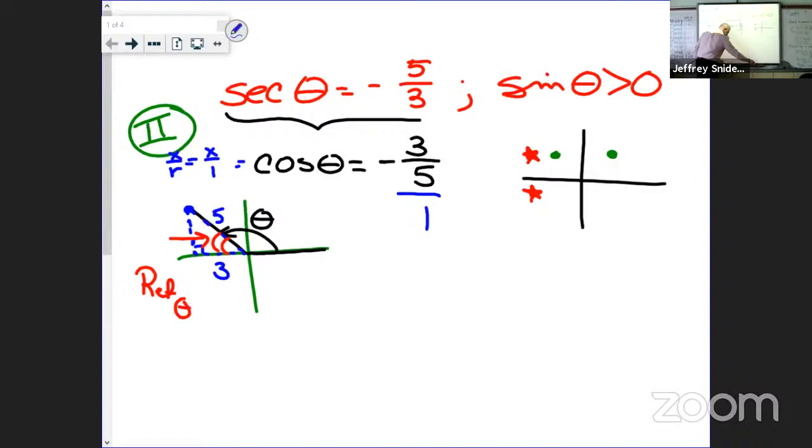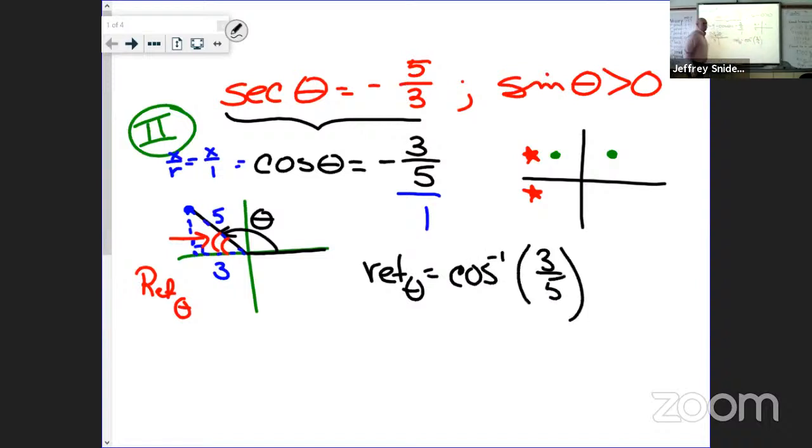So literally, I simply say the reference angle of theta is the inverse cosine of this. Why did I make it positive? Why did I not make it a negative 3/5? It won't make a difference, right? But I did this because we defined the reference angle as an acute angle, and an acute angle is really a positive angle between 0 and 90 degrees, or 0 and pi over 2. So that's why I ignore the negatives.